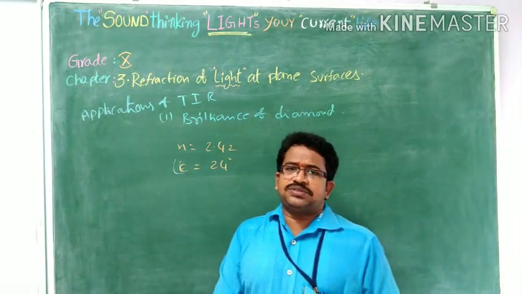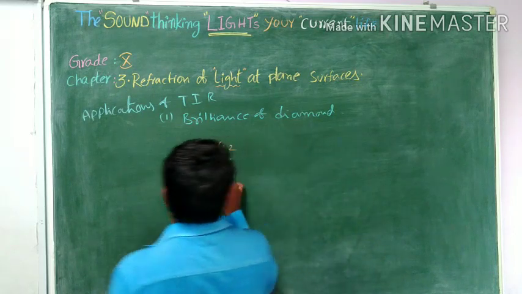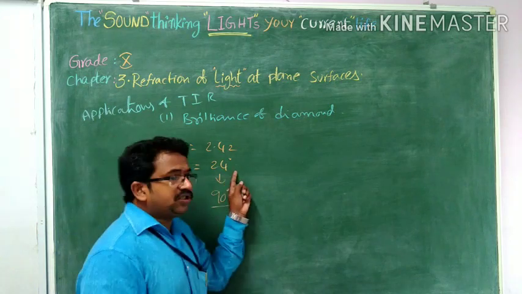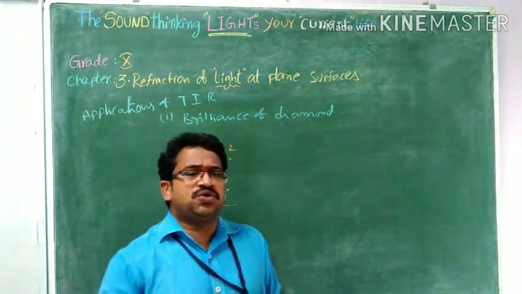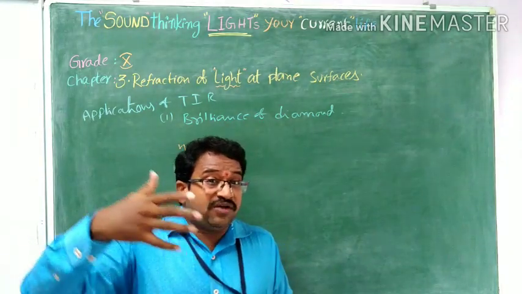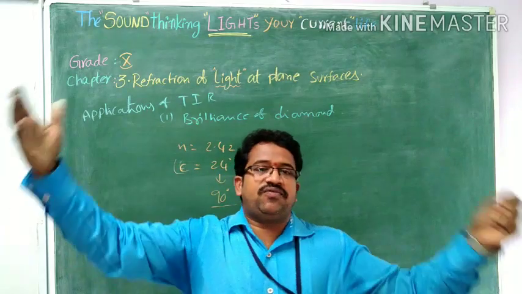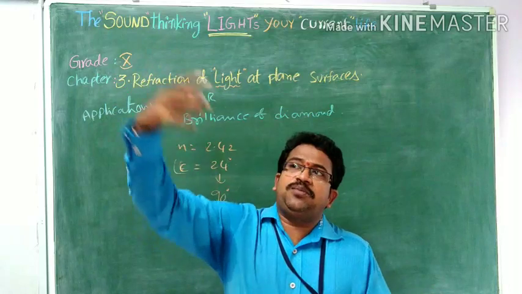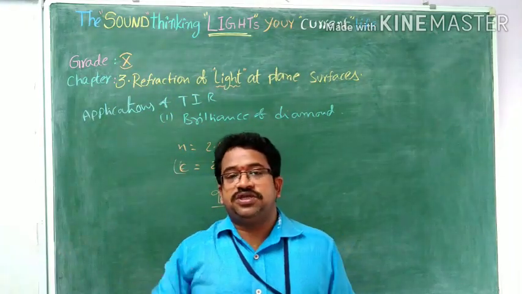Why does a small critical angle matter? If the critical angle is 24 degrees, then whatever incident angle you take from 24 to 90 degrees, there are plenty of angles. So whatever light is incident at 25, 27, 28, 30, 35, 40, 50, 60 degrees, up to 90, multiple rays may fall on the diamond and multiple reflections take place.